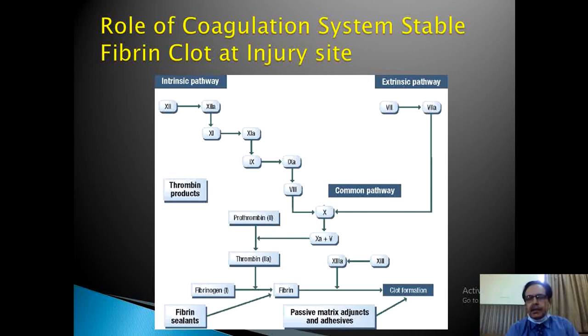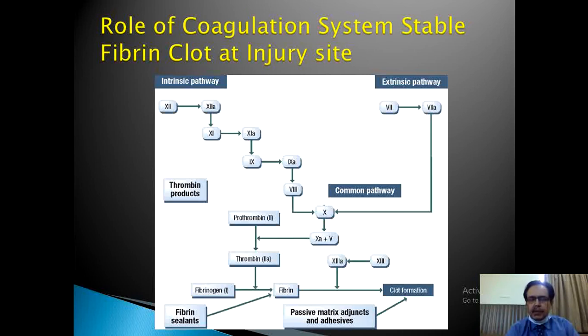On the other side, from the extrinsic pathway only a single factor, factor 7, is activated. Factor 8 and 7A then unitedly act upon factor 10. Then factor 10 and factor 5 make a combination, and they convert prothrombin into thrombin.